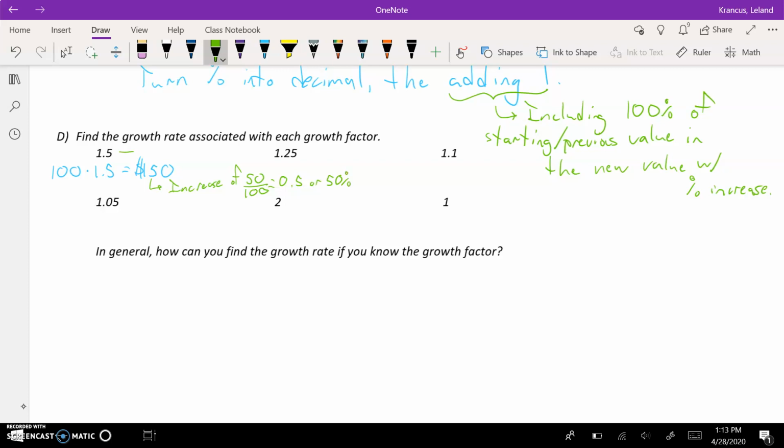So for this one, a growth factor of 1.5, a growth rate of 50%. Multiply something by 1.5, that something increases by 50%. And again, you might notice a pattern as you do these. So if I took that 100 and for the second problem, I multiplied it by 1.25, my $100 would turn into $125. So if my $100 goes up by $25, it's going up by 25%.